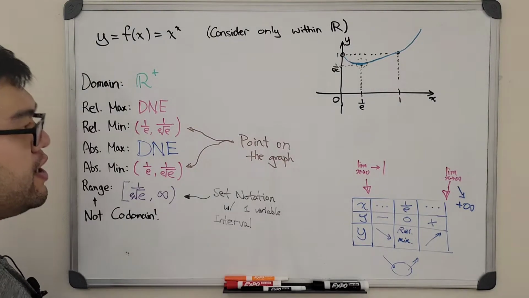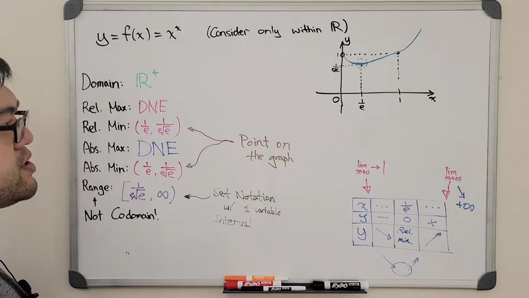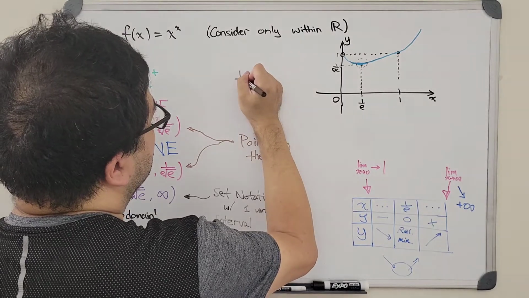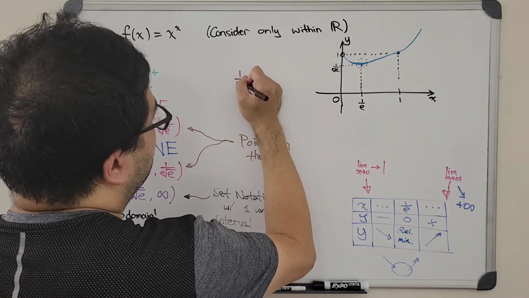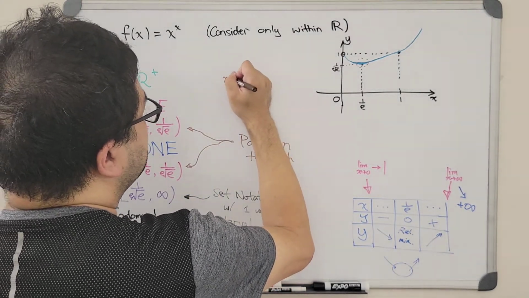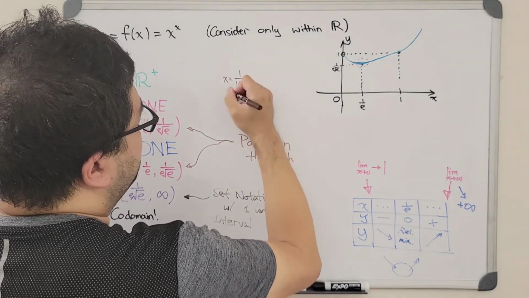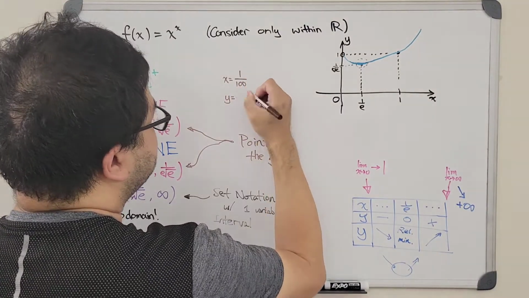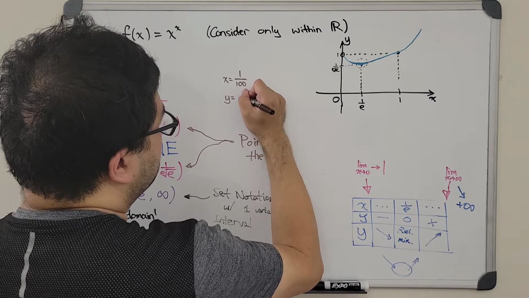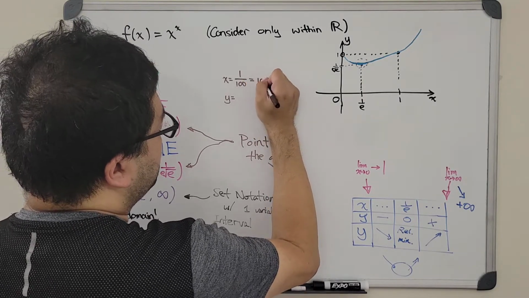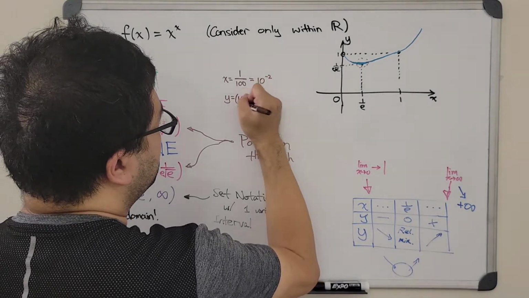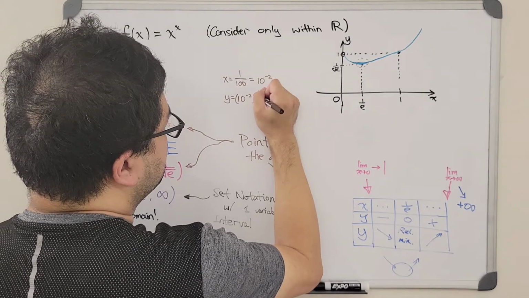So for example, if we choose something like 1 over 100, then if x equals 1 over 100, we will have y equals x to the x power, which is 100 to the 1 over 100, or let me rewrite it as 10 to the negative second power, raised to x, which is 1 over 100.